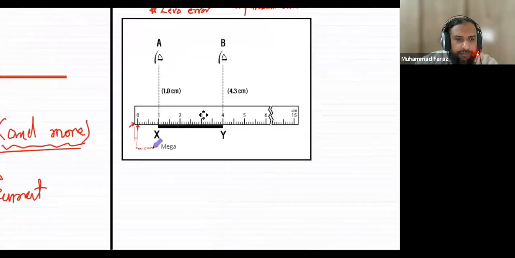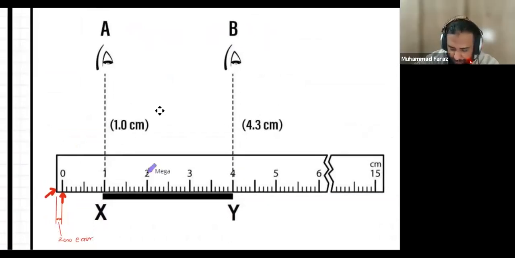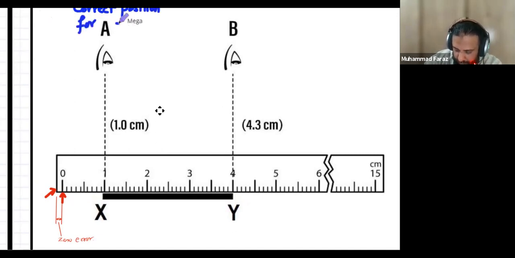For example, instead of making my eye over here, this is the correct position for the eye. But what if your eye is, instead of being there, if your eye is here? Sorry.